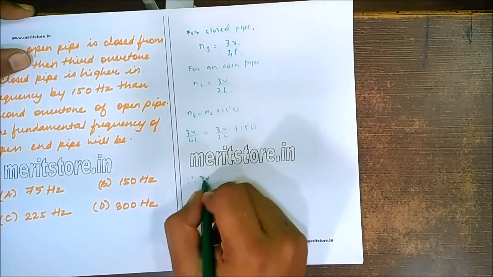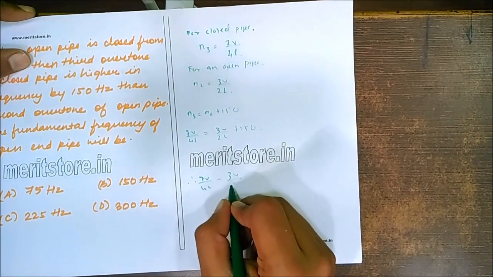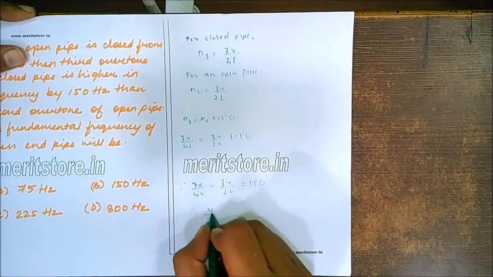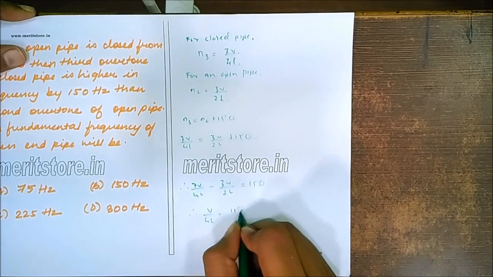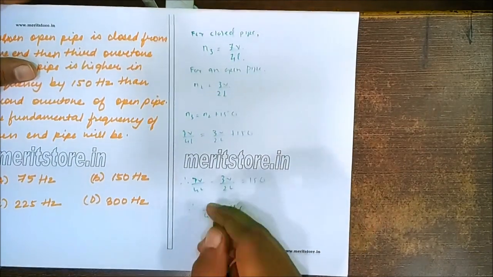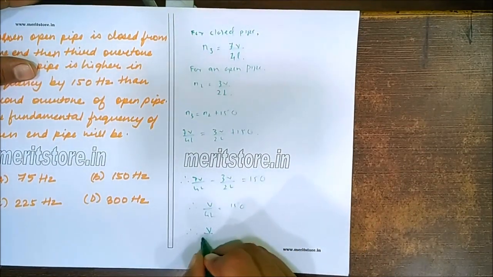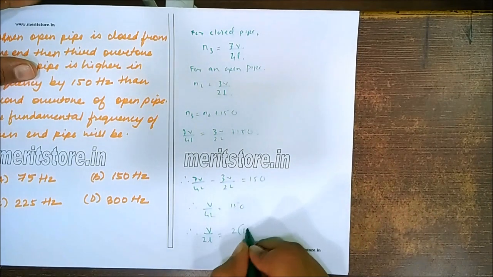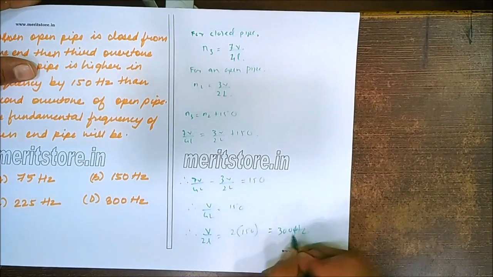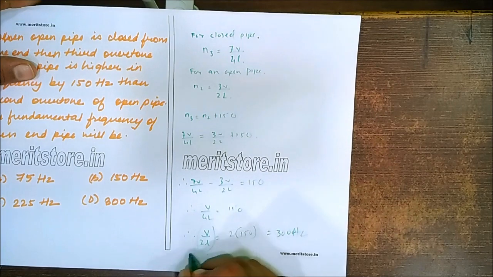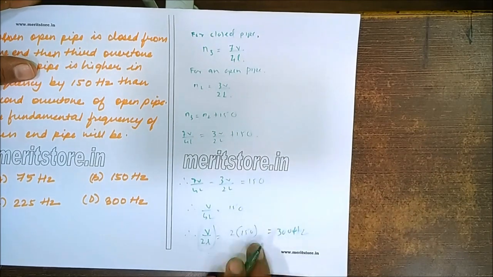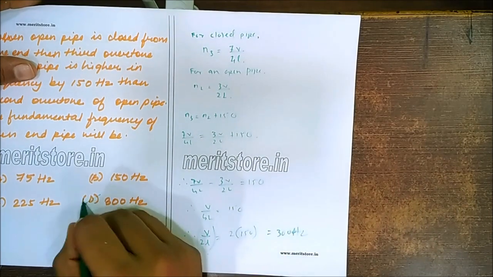So we have 7v upon 4L minus 3v upon 2L is equal to 150. On simplification, we'll get v upon 4L is equal to 150, and the fundamental frequency of a pipe open at both ends is given as v upon 2L, which is equal to 2 into 150, that is 300 Hz. So we can write 4L as 2 into 2L, so 2 will go over here, multiply with 150, and we will get 300 Hz.